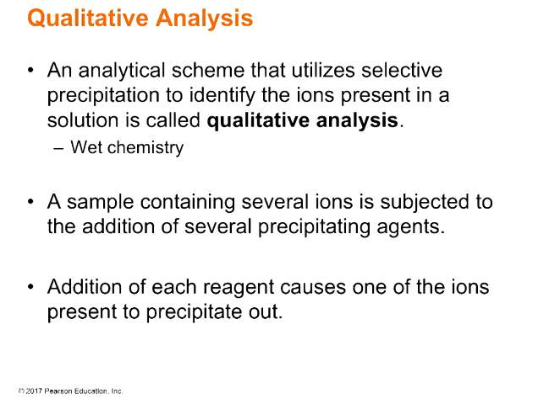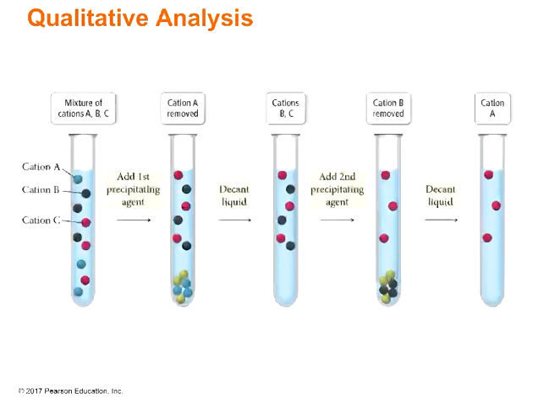So basically what we do here is if we have a sample that contains several ions, we're going to add several different precipitating agents in order to selectively remove certain ions. So we're going to remove them through precipitation. So here's a nice little diagram kind of showing what that means.